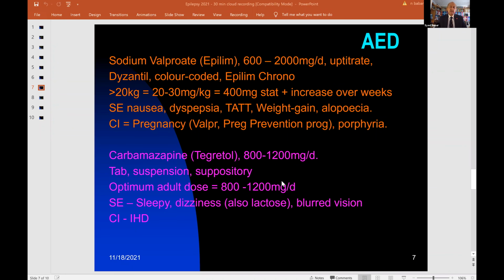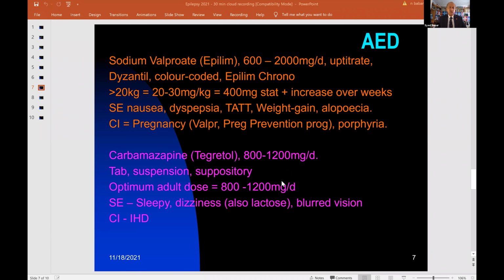Carbamazepine is also a first-line medication, but sodium valproate is usually preferred, and its average dose for an adult would be between 800 to 1200 milligrams per day. It is present as tablets, suspensions or suppositories, and the optimum adult dose is between 800 and 1200 milligrams per day.